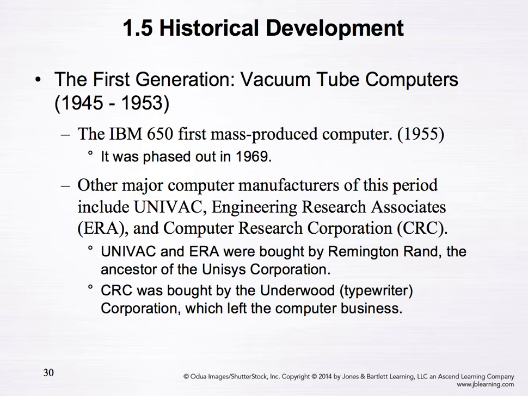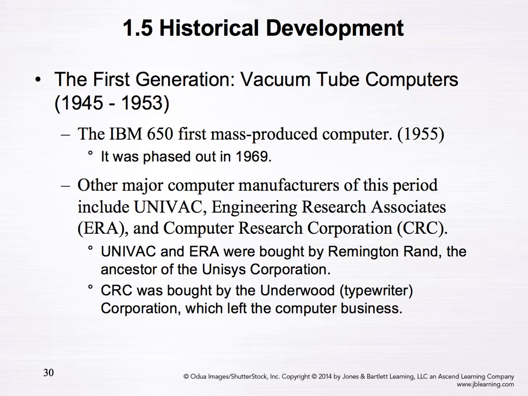The first generation also includes the IBM 650, the first mass-produced computer, in 1955, which was phased out in 1969. Other major computer manufacturers of this period include UNIVAC, Engineering Research Associates (ERA), and Computer Research Corporation (CRC).